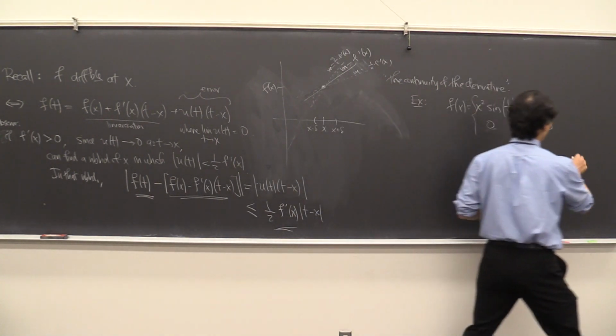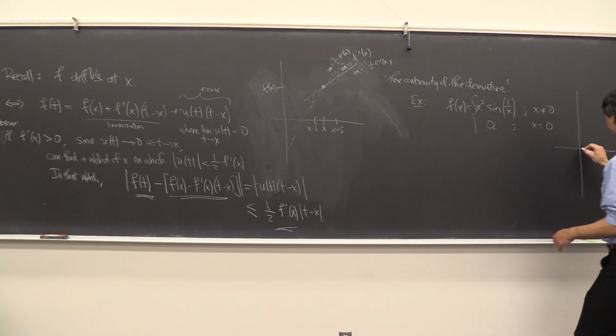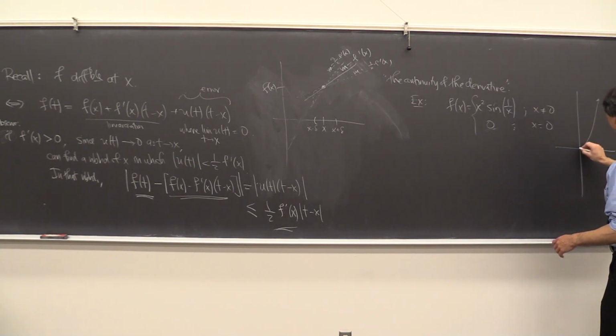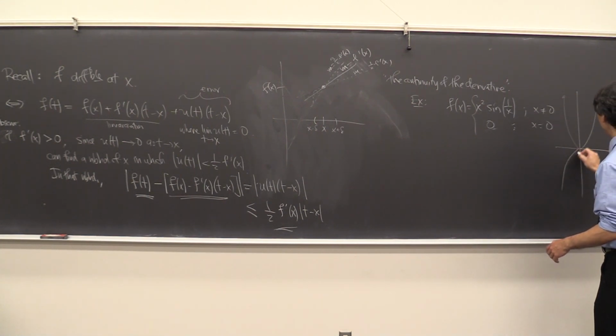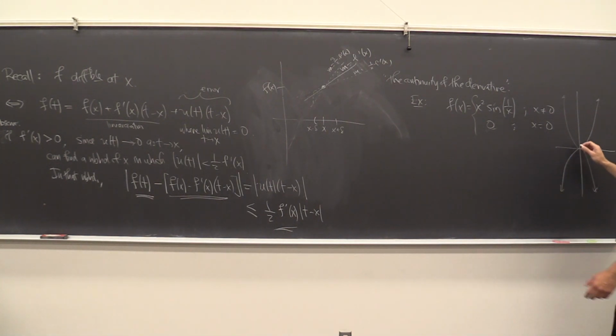What this function looks like is, right, you've got the x squared and you've got the negative x squared, right? And you multiply sine 1/x by x squared. And so basically, as x goes to 0, this 1/x goes to infinity, right?